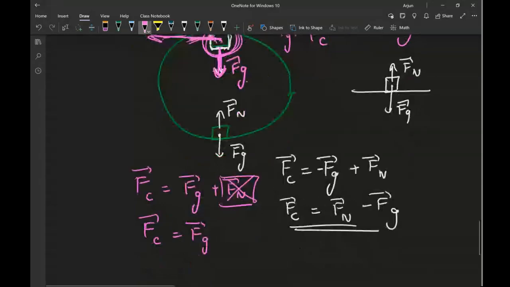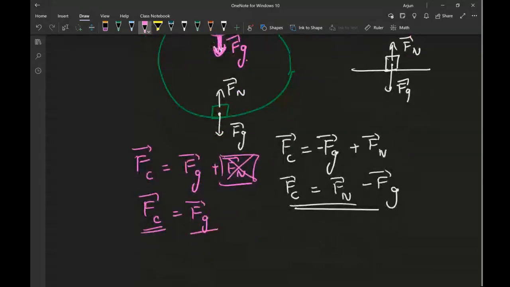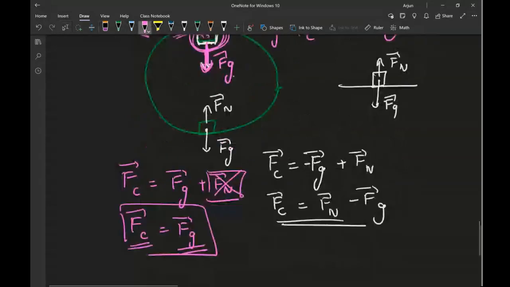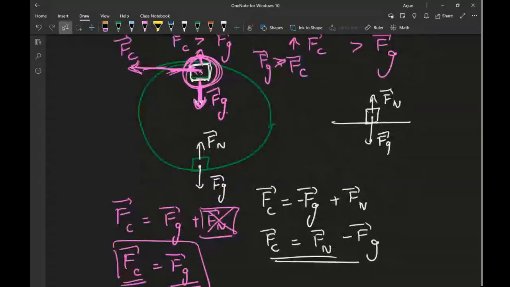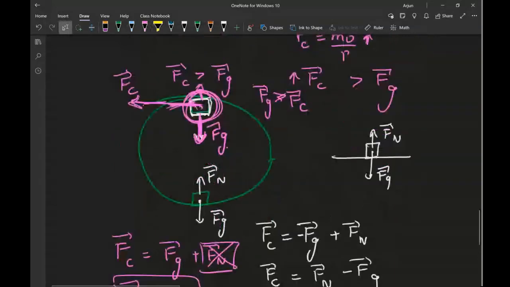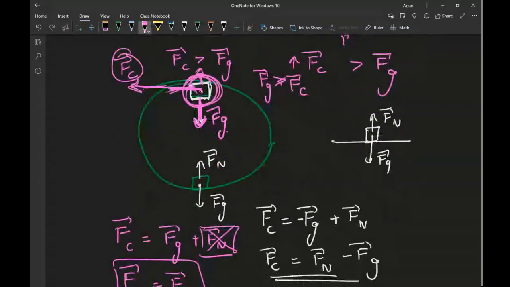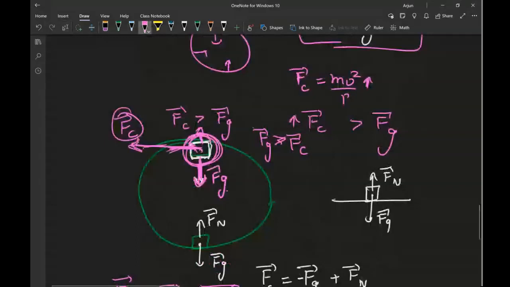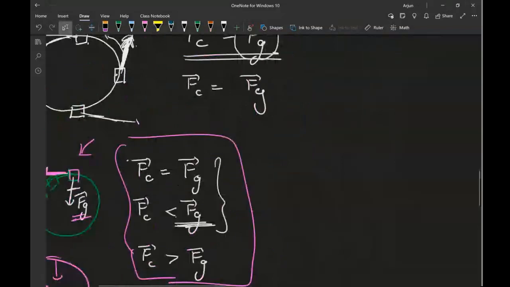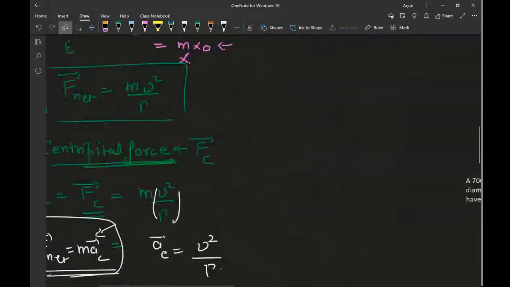So minimum, that centripetal force should be equal to the gravitational force, so that the object stays on its path. So this is the equation we will come across. Hopefully you were able to understand how you can visualize these equations. But in final results, you will always say Fc is acting towards the center. This is just so that you guys can understand the question. That's what I wanted to say, and I got stuck.